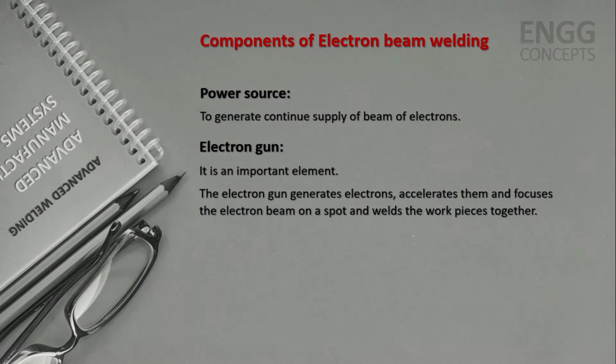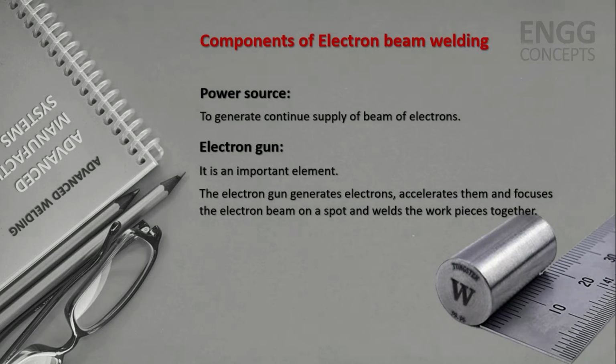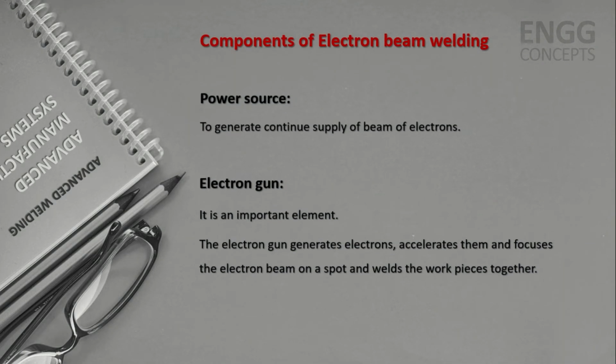The electron gun is a cathode tube which generates electrons, accelerates them, and focuses the electron beam on a spot where we place the workpieces to weld them together. The electron gun is made of tungsten metal. The cathode filament of the electron gun is heated up to 2500 degrees centigrade for continuous emission of electrons.